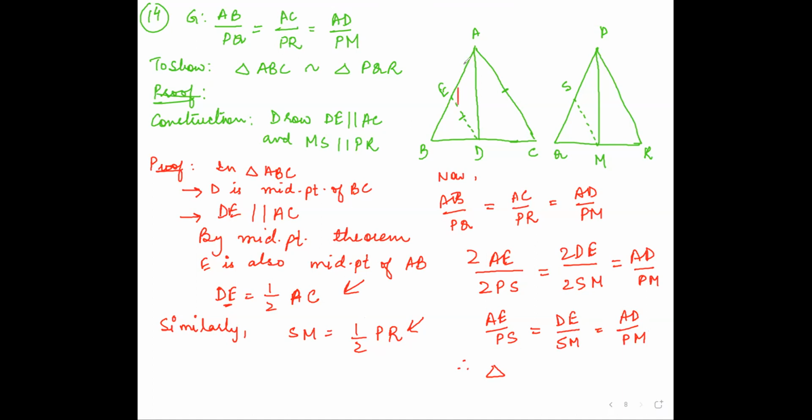Basically, this triangle and this one are now similar, isn't it? If you look at this, triangle AED will be similar to, so AE upon PS, I'll start with PS here and then write the other one, PSM. So far, is that okay? By SSS.